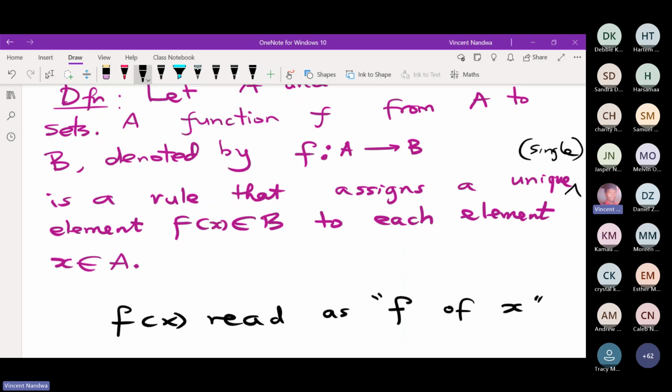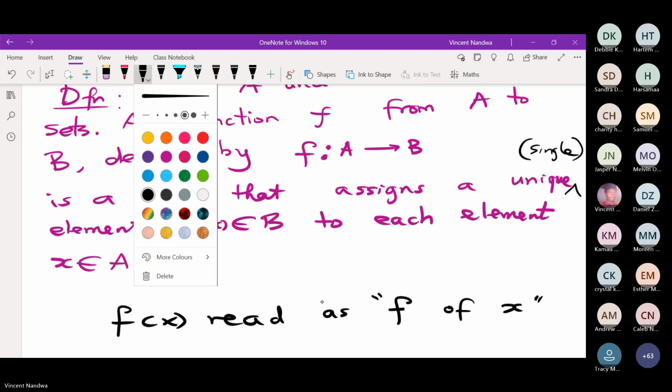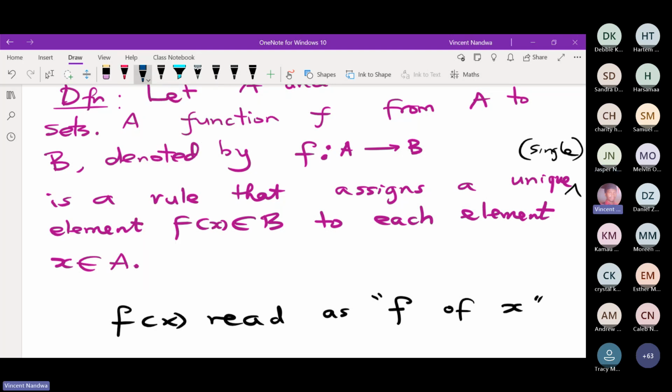So that means f of x, which simply means a function which depends on x, or a rule that assigns a unique element f of x in set B to each element in A. And this is how we write it.